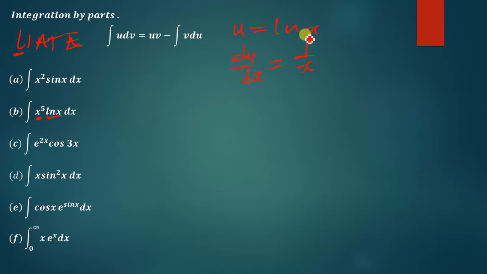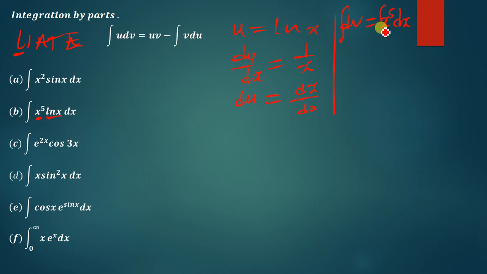So when you differentiate ln x, you're getting 1 over x, meaning du will simply just be equal to dx over x. Then apart from that, our dv is going to be equal to x to the power 5 dx.